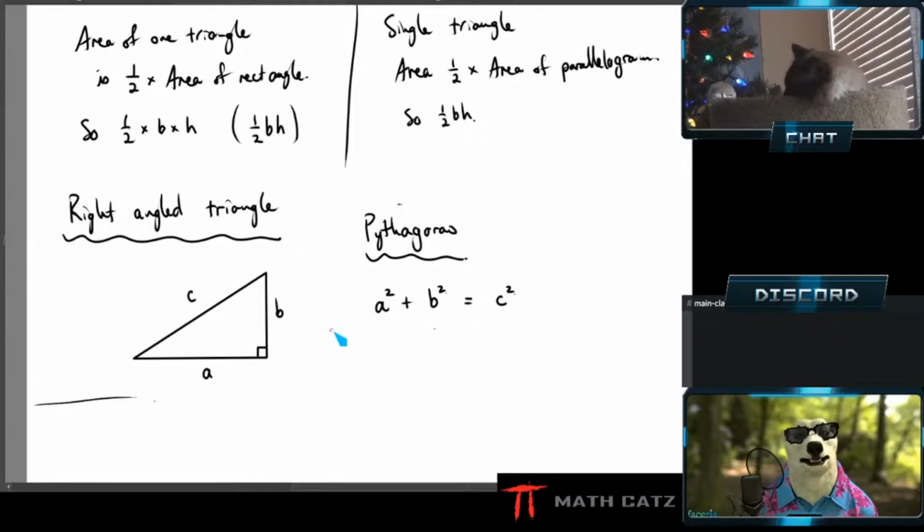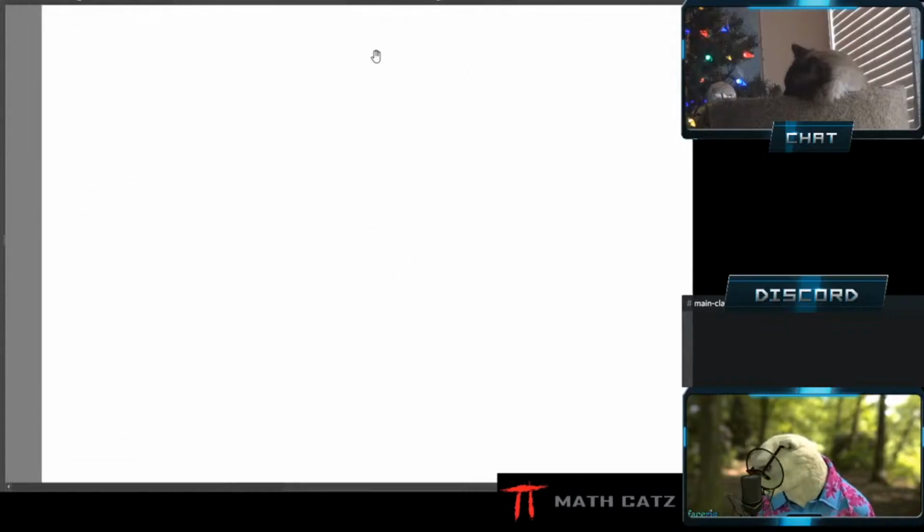Then when it comes to a quadrilateral, there is one more general version I want to have a formula for. Space here, I hope I do. And that is the trapezoid. Trapezoid.